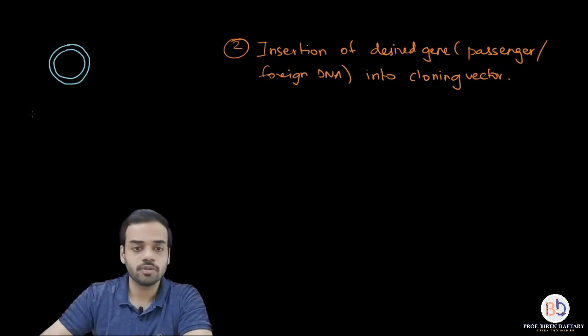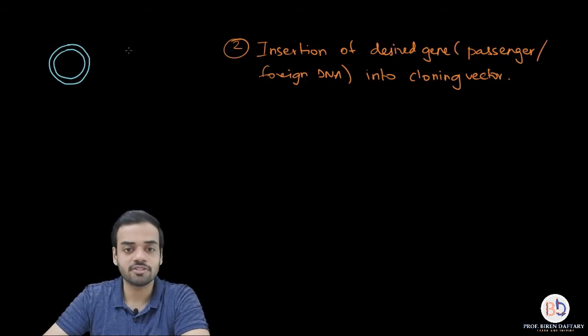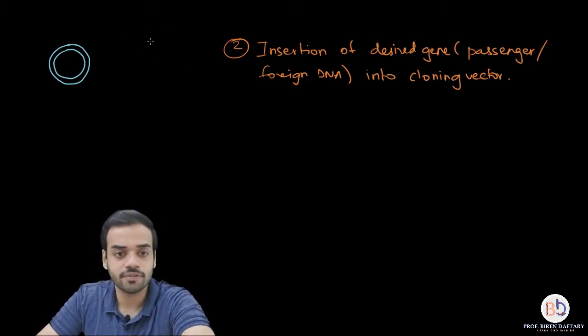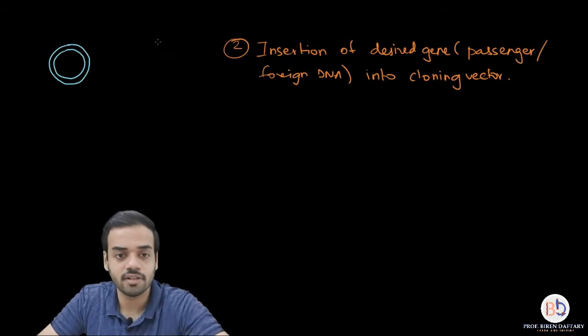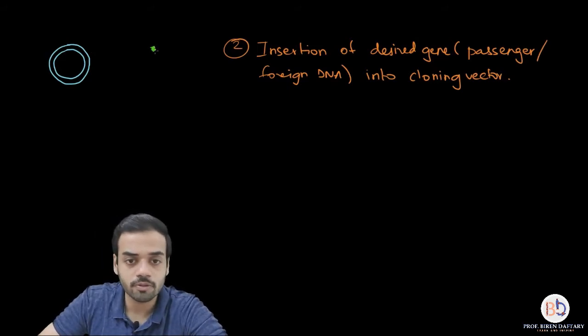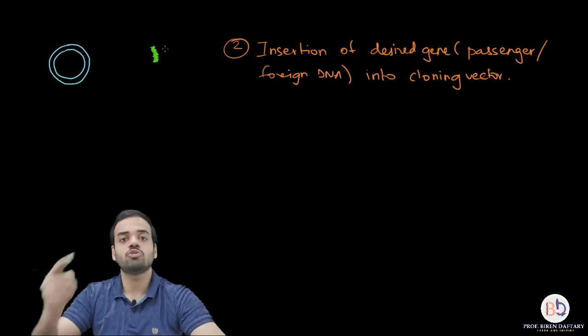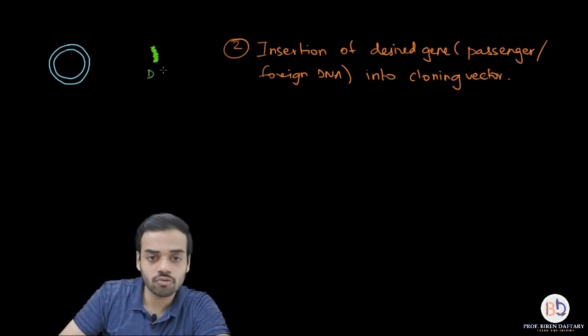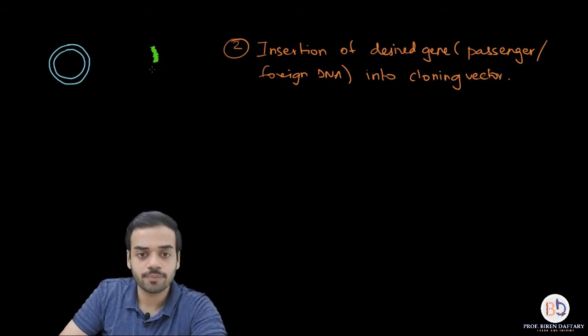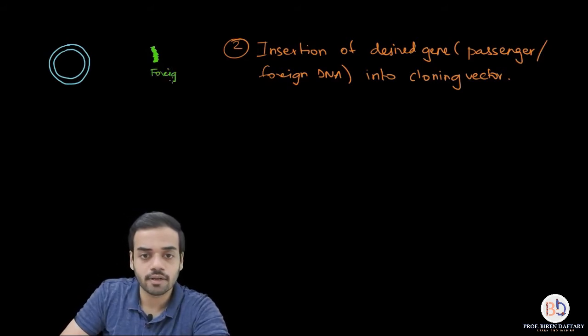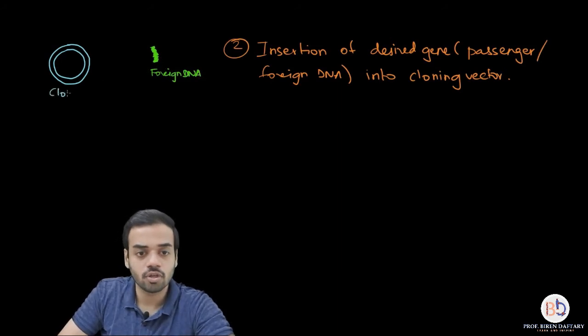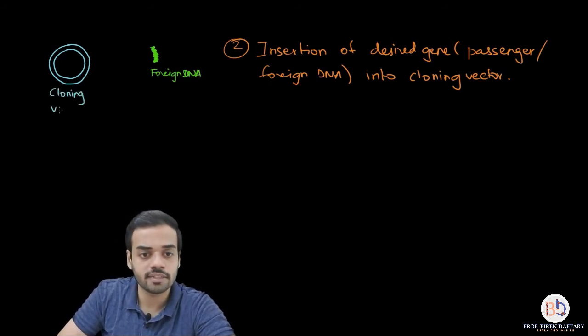Now suppose this is my plasmid, and this is the DNA fragment which we had chosen in the first step. I will write it over here: this is your foreign DNA and this is your cloning vector, a plasmid.